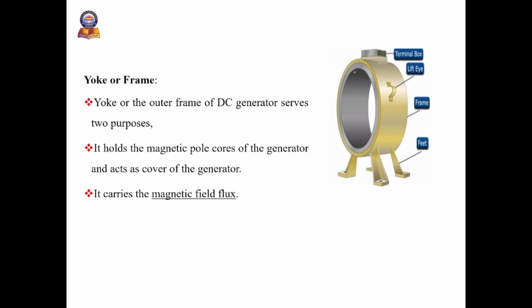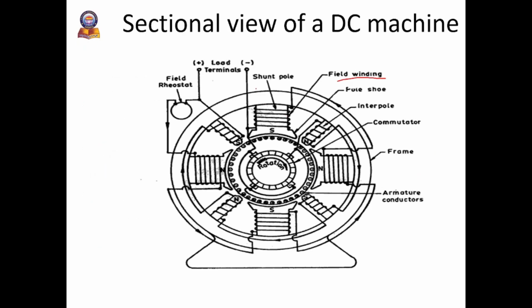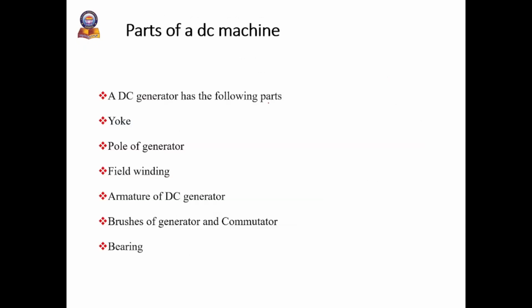If you see the cross sectional view, you can observe that this is the outermost cover, protecting the entire equipment from dust and dirt, and also acting as a support for the poles.